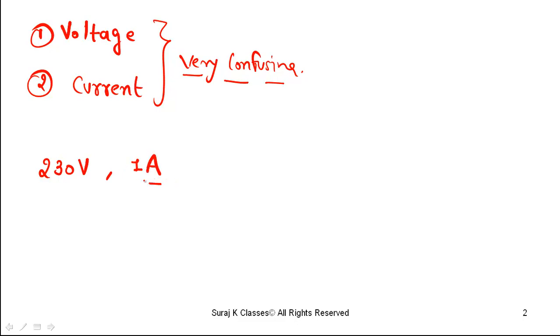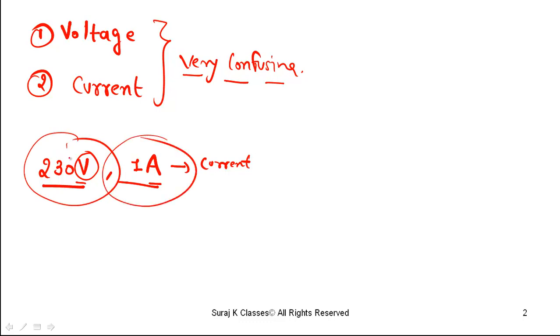A stands for ampere, and ampere is the unit of current, and V means voltage, having the unit V. These two things you will generally get from any electrical equipment you see around you. Without these two parameters, the electrical equipment cannot work.